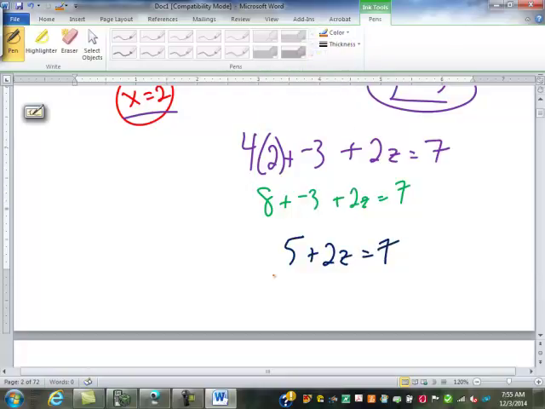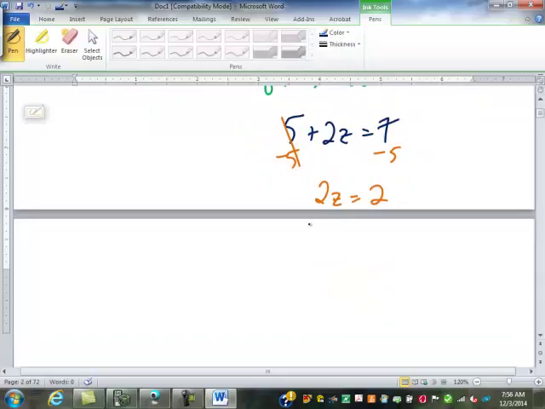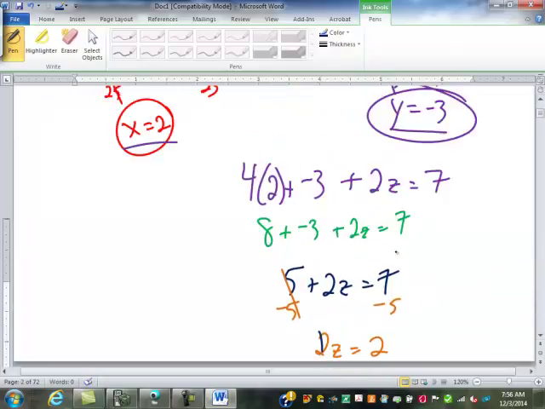We shall subtract 5. 2z equals 2. And finally, divide by 2. z equals 1. So we have x is 2, y is negative 3, and z is 1.